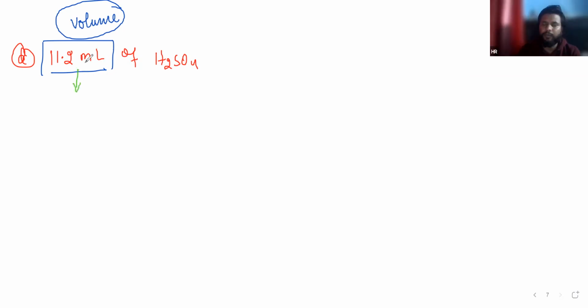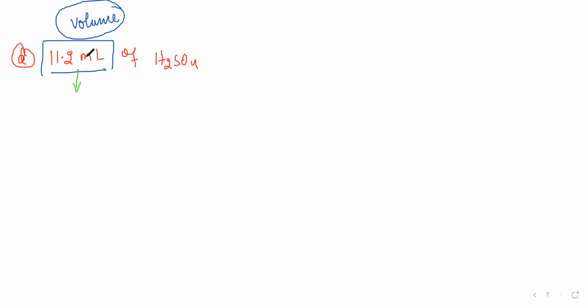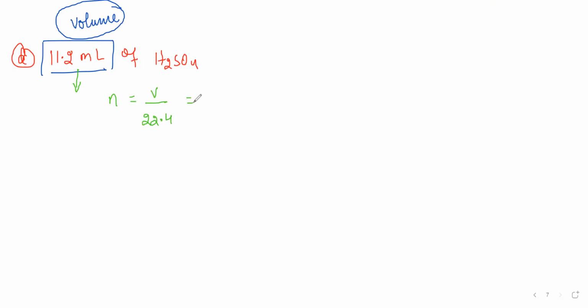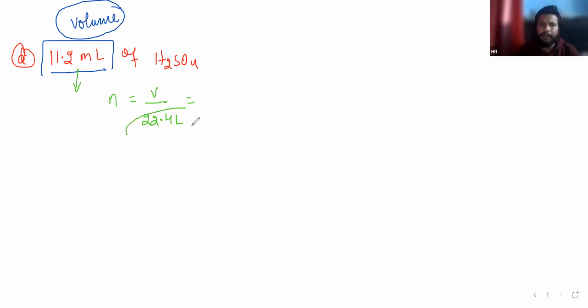Just see what is given. It's volume, 11.2 ml. It represents volume. So we apply number of moles is equal to given volume upon 22.4 liter, which is molar volume. Now it is in liter and it is in milliliter, so we will convert it into liter.